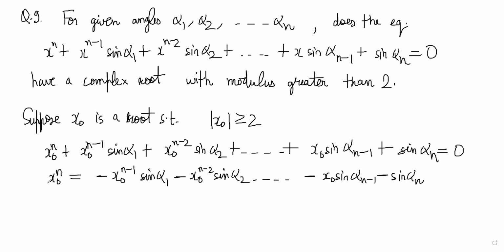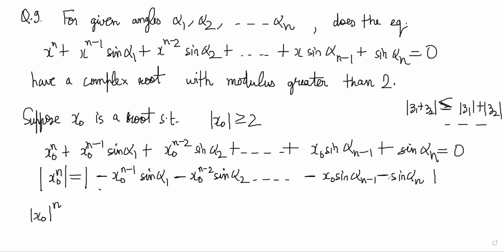And we take the modulus on both sides. So modulus here and modulus here. So we get mod of x naught power n, this is the whole mod. So by basic inequality, mod of z1 plus z2 is always less than equal to mod of z1 plus mod of z2 and so on, right?